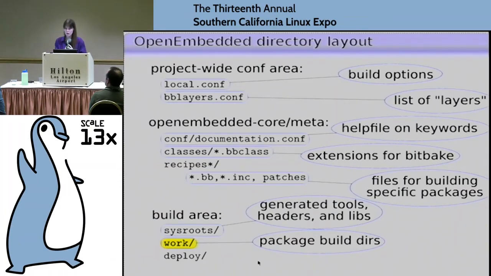You'll have a noarch area for work, which are things that you could use between your PowerPCs and your ARMs. And you'll have the host system area in work, which has the stuff that you built for your tools.